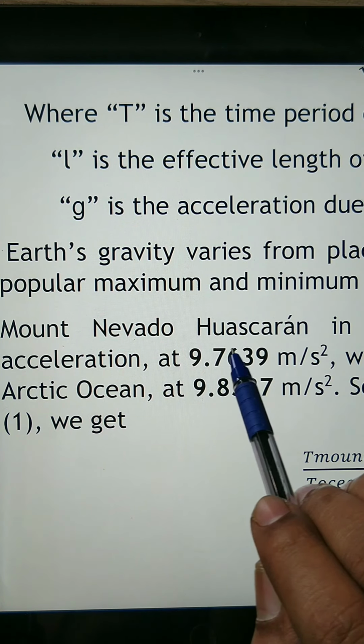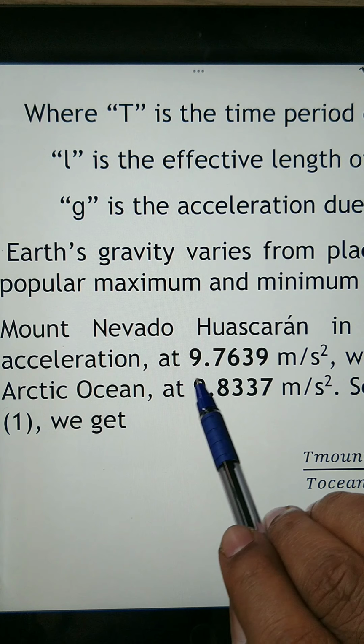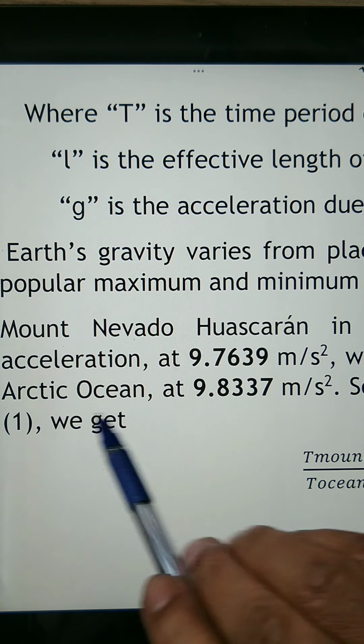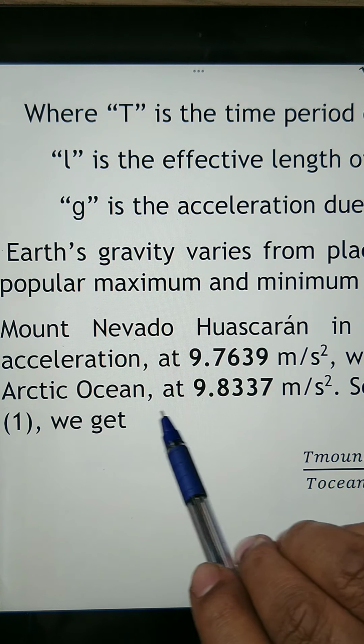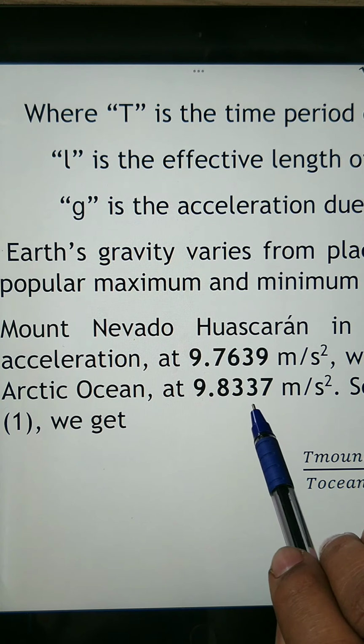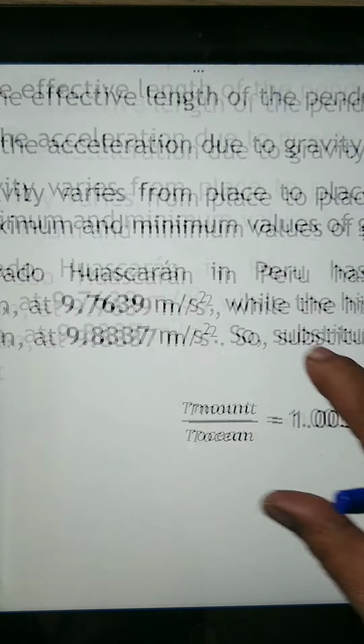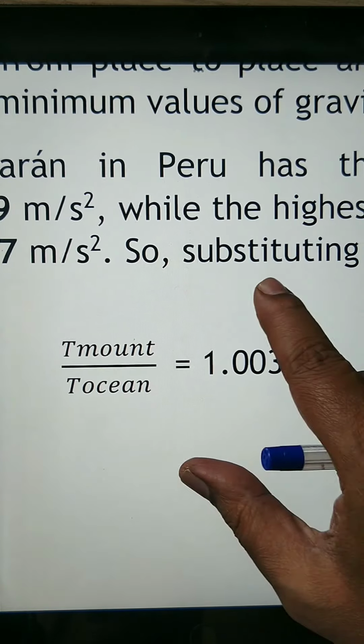Mount Nevado has the least acceleration of 9.7639 meters per second squared, and at the Arctic Ocean surface it is 9.8337 meters per second squared. This variation will lead to a time variation.